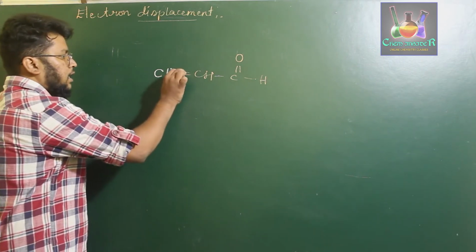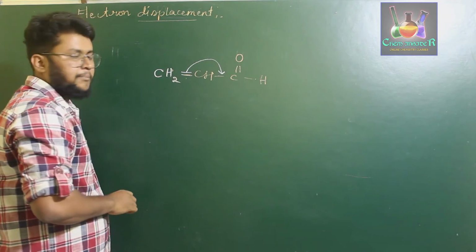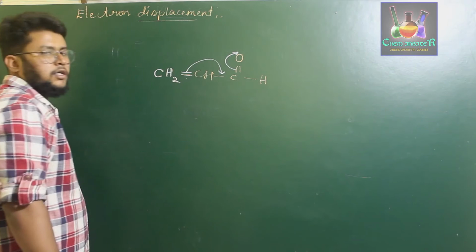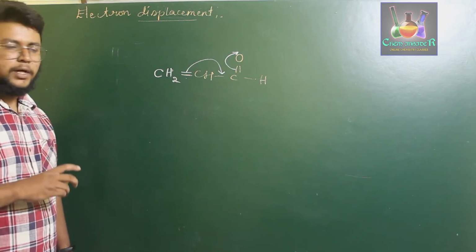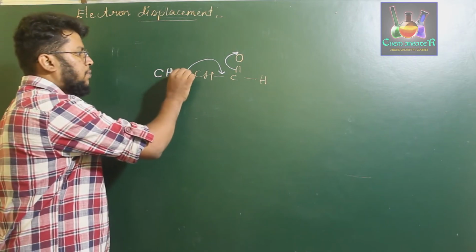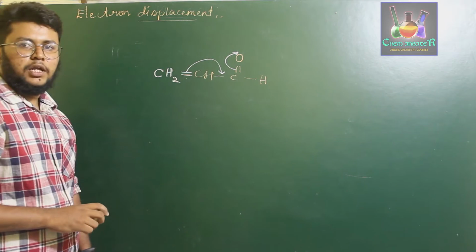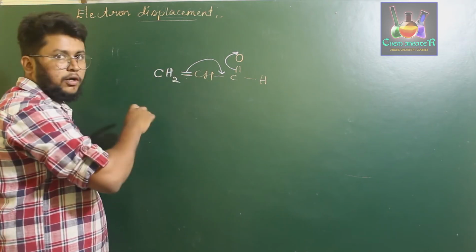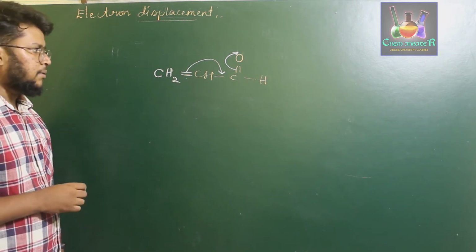Here the pi electrons present over here can be displaced to the carbon atom over there, and this bond of electrons will be influenced on the movement of atom. So here we observe two types of movement. One is movement of pi electrons to the adjacent bond. Here is the movement of pi electrons onto the adjacent atom.